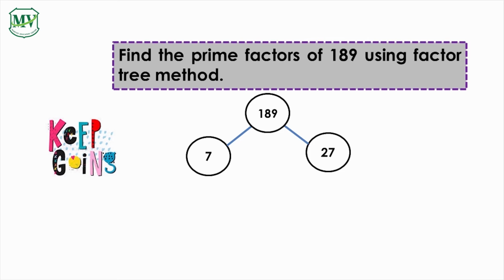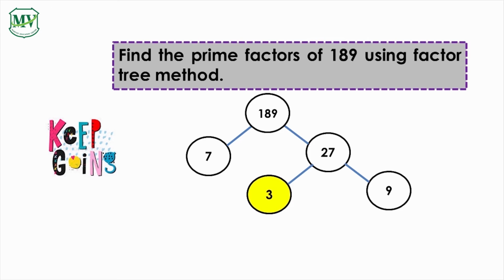So, let's continue factoring 27. What are the factors of 27? It is 9 and 3. Are 9 and 3 prime numbers? 3 is a prime number, while 9 is not. Let's continue factoring out 9.